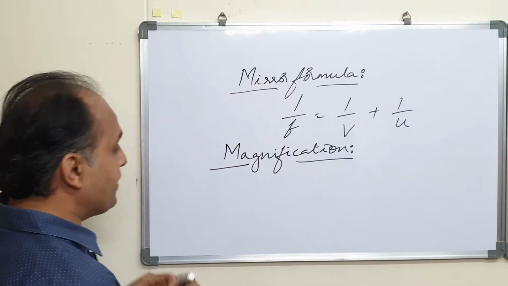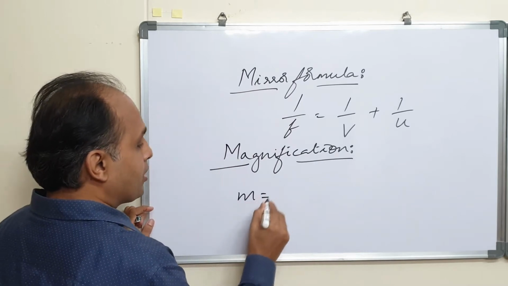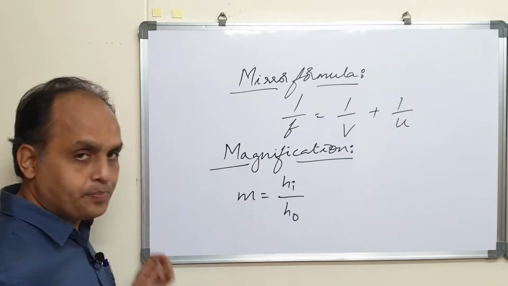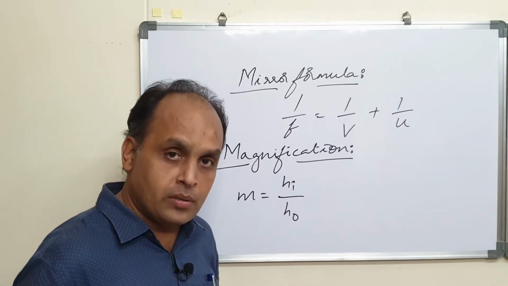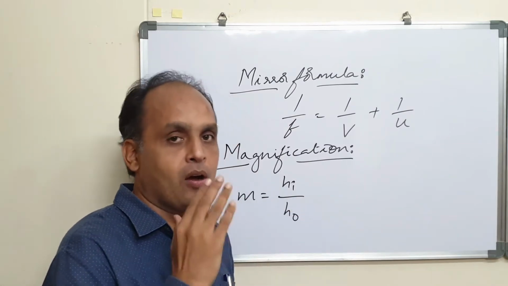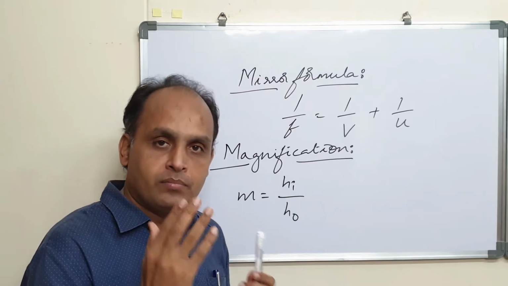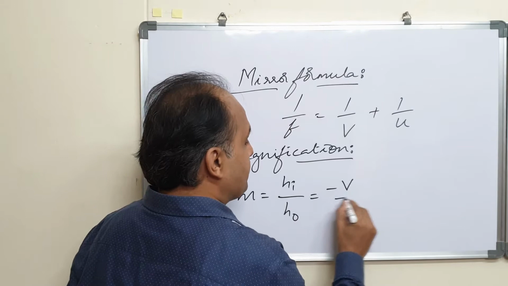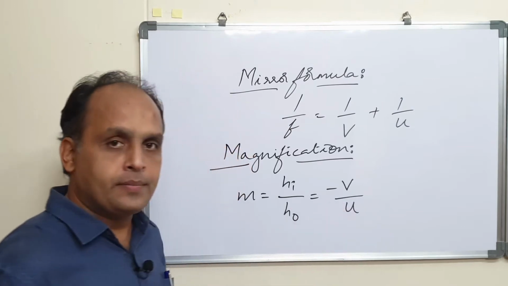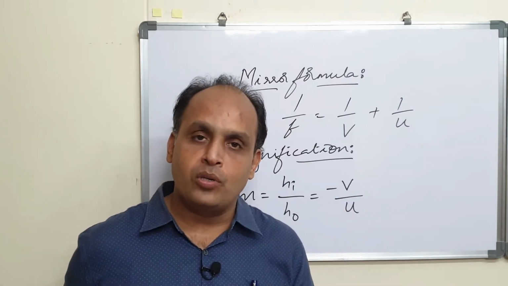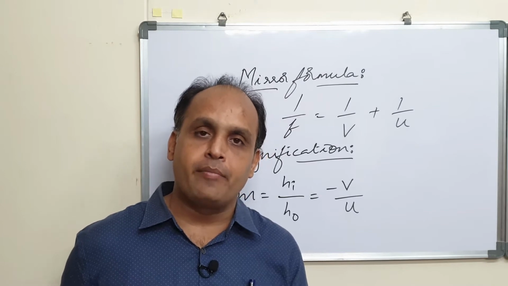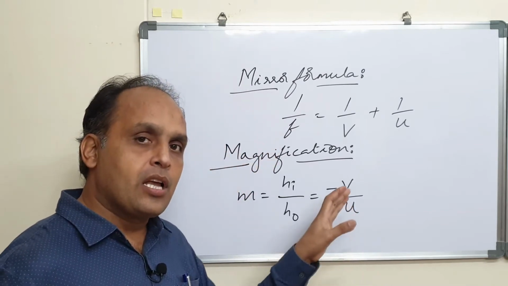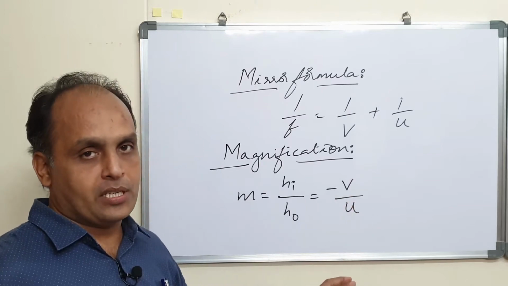So the magnification formula is m equals the height of the image compared to the height of the object. And it has also been experimentally found and derived that this is equal to minus v by u. So magnification is not only restricted to the height of the image and height of the object, but it can also be related to the image distance and object distance.